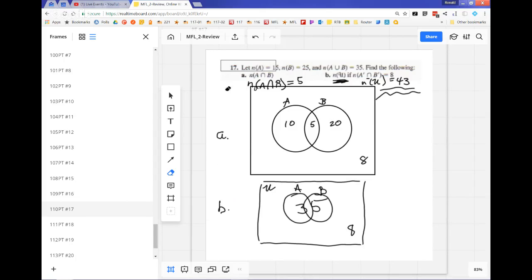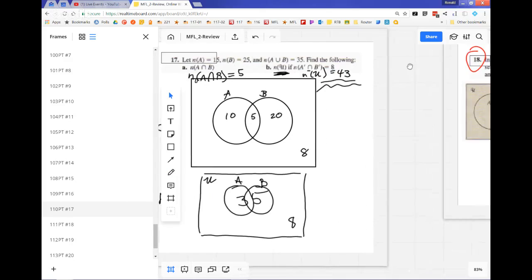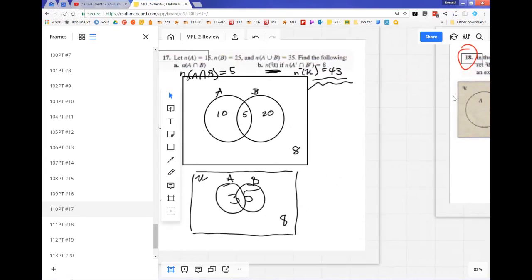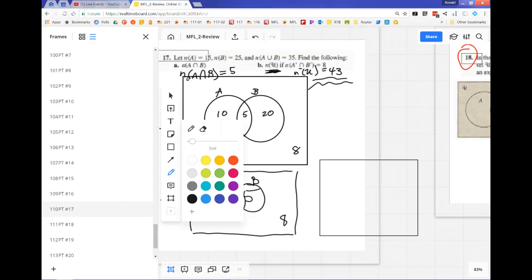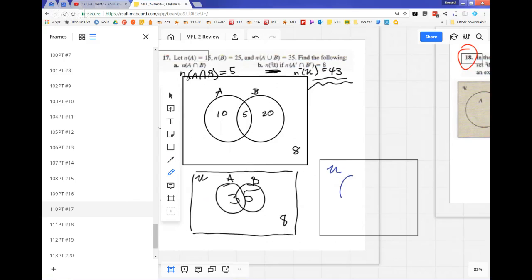Okay, and I can't erase, so here we go. Let's say that's the universal set. And we have an A, and we have a B. And we've just been told outside there's 8.